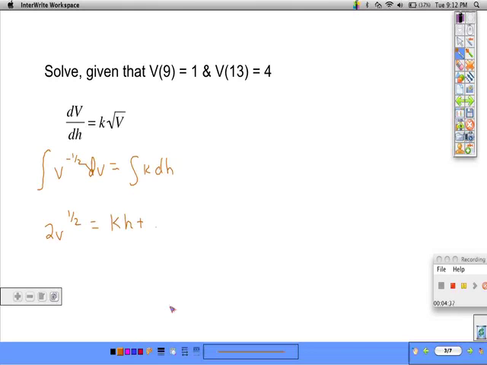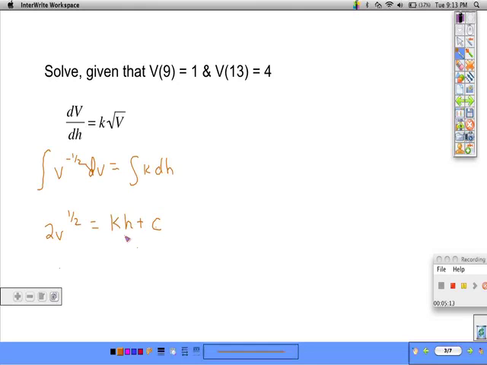So I have this. This right here, if I were to get v by itself, would be considered the general solution.